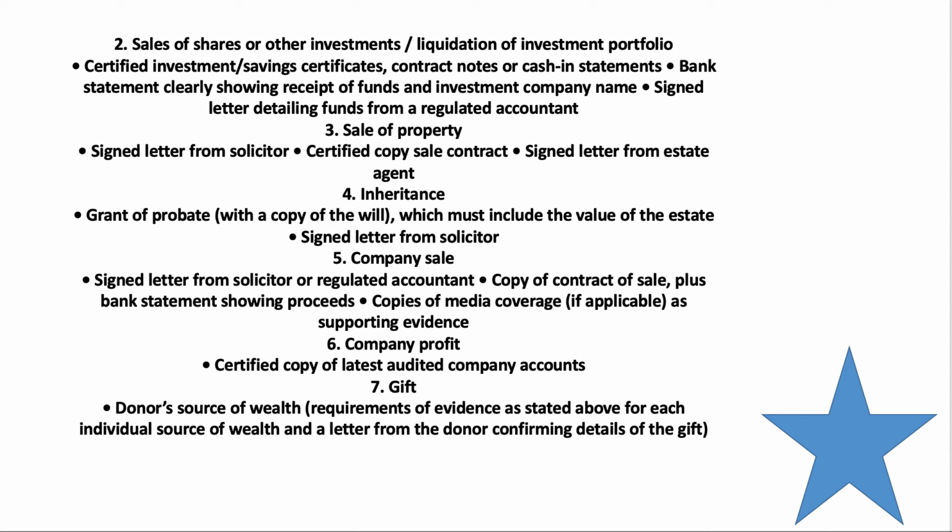Inheritance, like I mentioned earlier, could be a grant of probate, or a signed letter from the solicitor. Another example would be company sales. So basically, what you'll need is a copy of the contract of the sale, or a letter from the solicitor or regulated accountant.